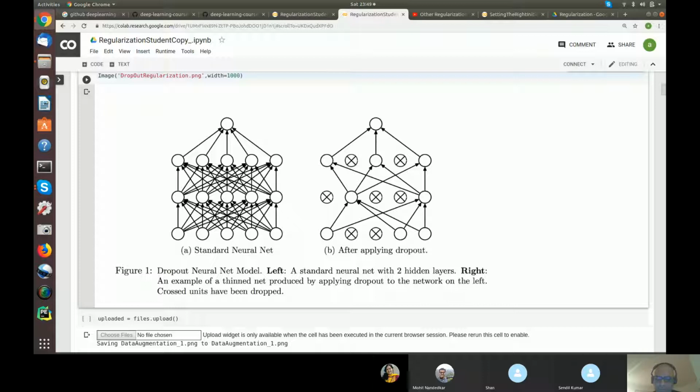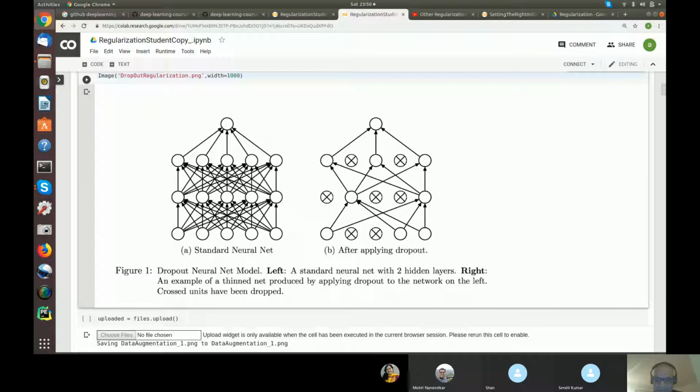And in dropout, what we do is we randomly take some neurons, we set them to 0. We do the forward pass, backward pass. The next iteration, we randomly take some other neurons, set them to 0, do the forward and backward pass, and we do this.